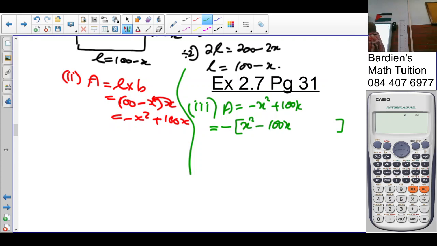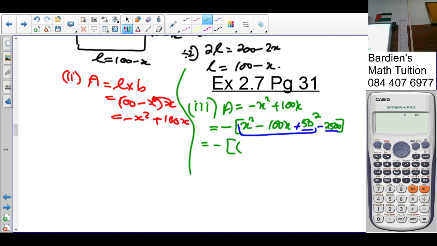Okay, so the question is, what number must we add to complete the square, and we must minus that same number. What's the number in this case? What is 100 times half? 50. And 50 squared is 2,500. So what do you notice here? You have a perfect square trinomial.